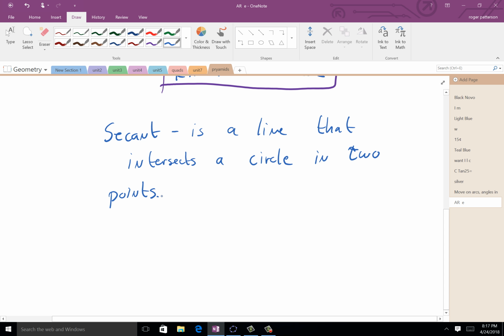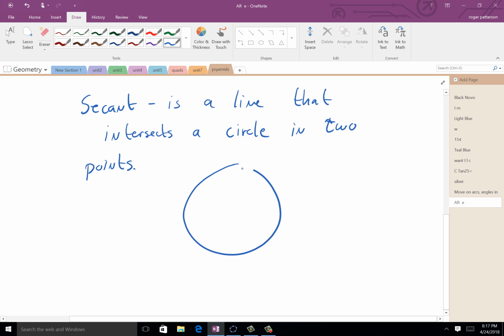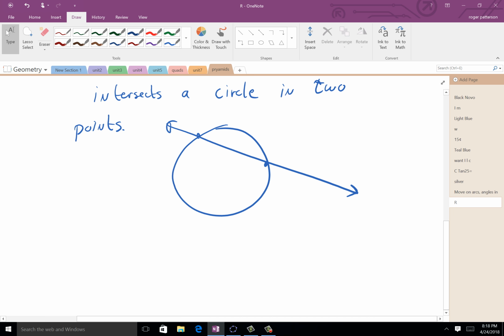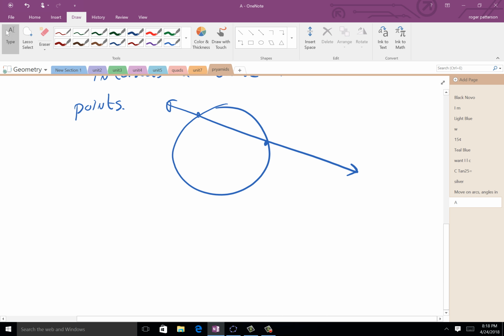Alright? So that's what a secant is. So I'm going to draw a picture of it here. There's a secant. Intersects in 2 points. It's a line. Alright? I can pause at any time.